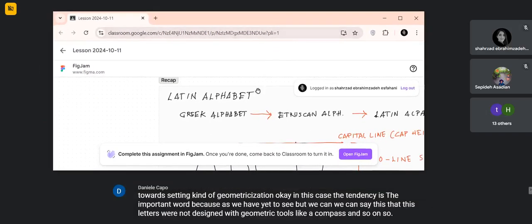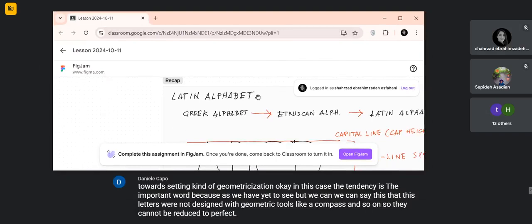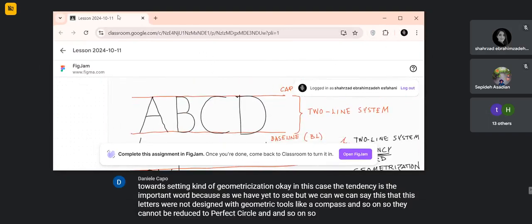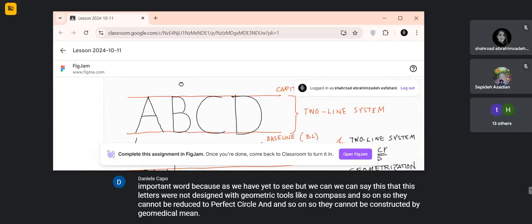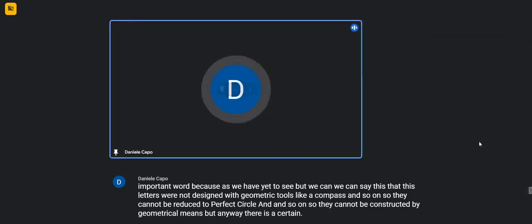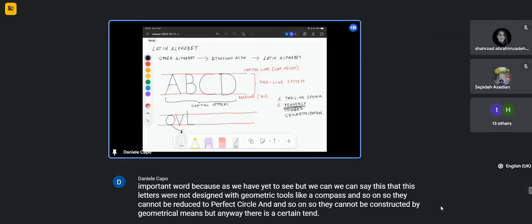So they cannot be reduced to perfect circles and so on and so on. They cannot be constructed by geometrical means. But anyway, there is a certain tendency toward this kind of geometrization.